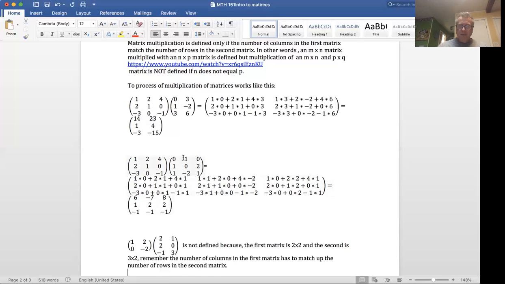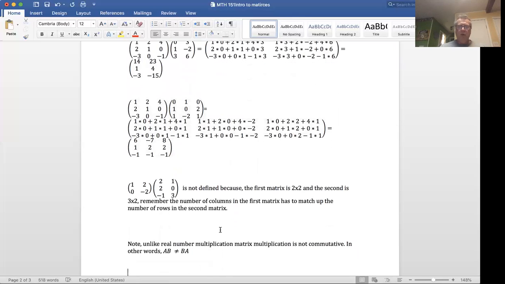First element in second column. Second element in second column. Third element in second column. That's where all that came from, right there. We end up with this matrix.